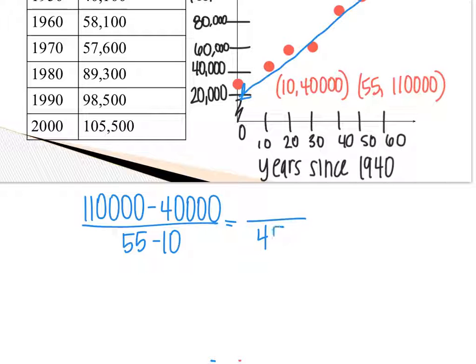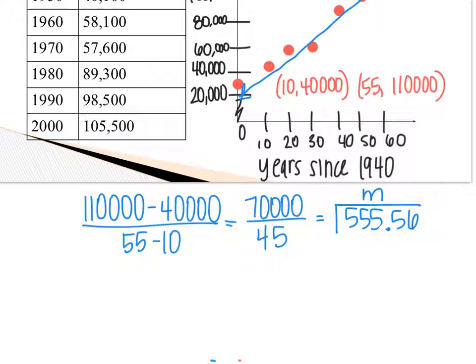That gives me 45 and then 70,000. And if you divide that, you get $1,555.56, or 0.56, and that's going to be your slope.